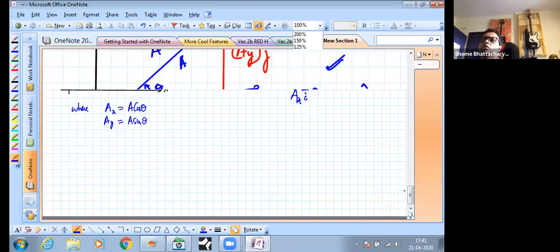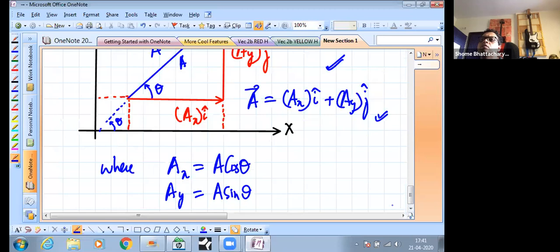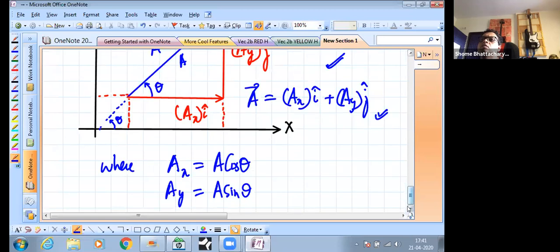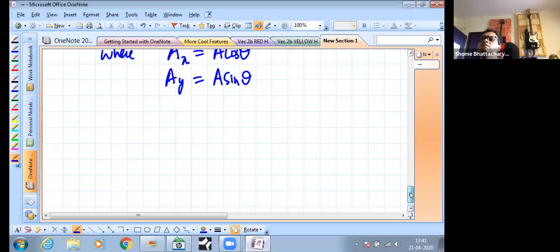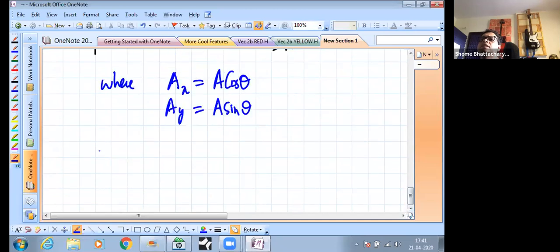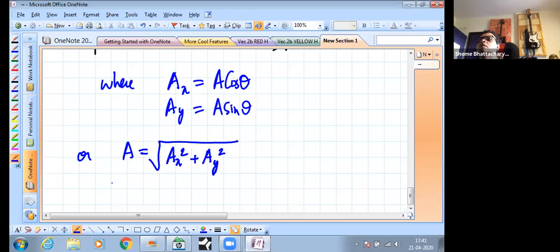Now the inverse of this formula is also there. Just like we can say Ax and Ay are A cos theta and A sin theta, we can also say that the magnitude of the vector A is square root of Ax square plus Ay square, and tan theta is equal to Ay by Ax.